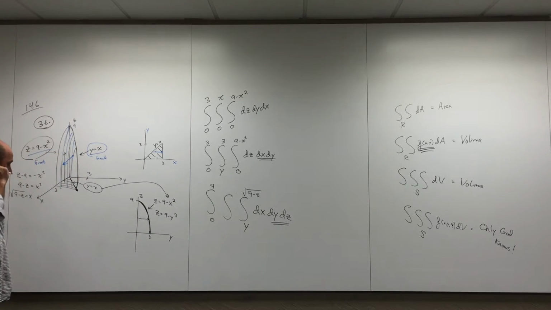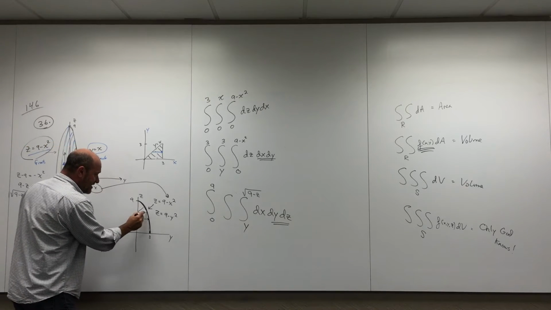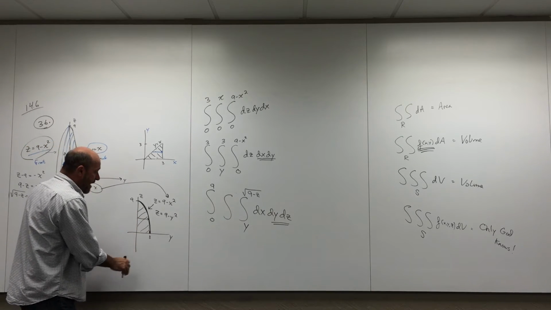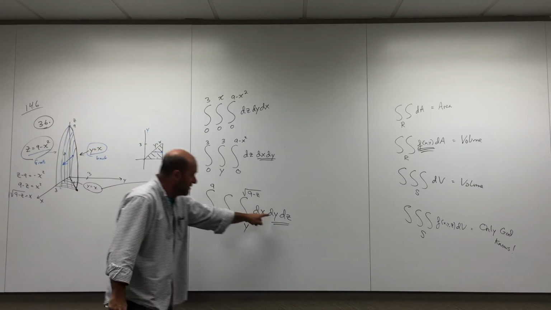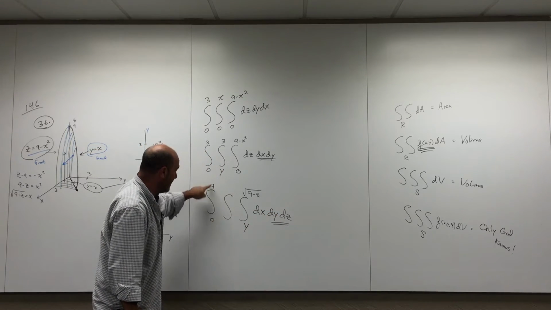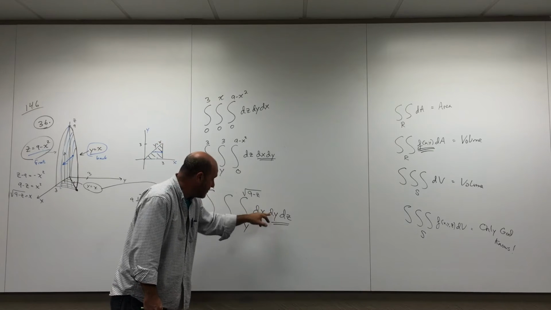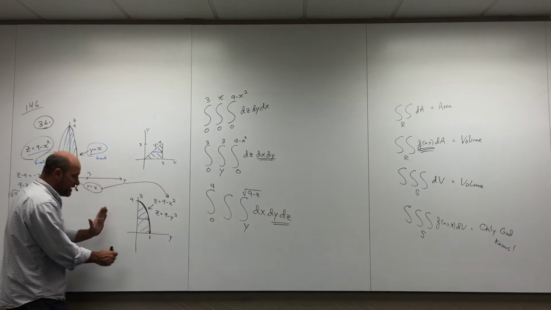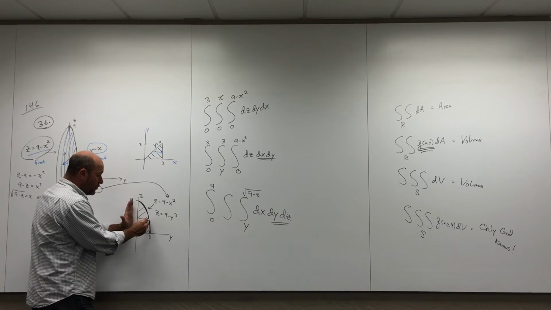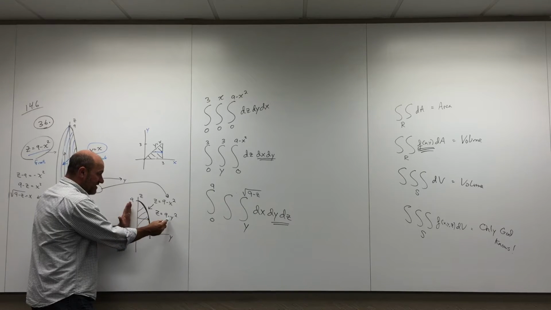So what am I trying to do? I'm trying to analyze this region just so I can get my bounds for y and z. Which, by the way, I've already done z, 0 to 9. So I need my bounds for y, which I think would be 0 to 9 minus y squared.